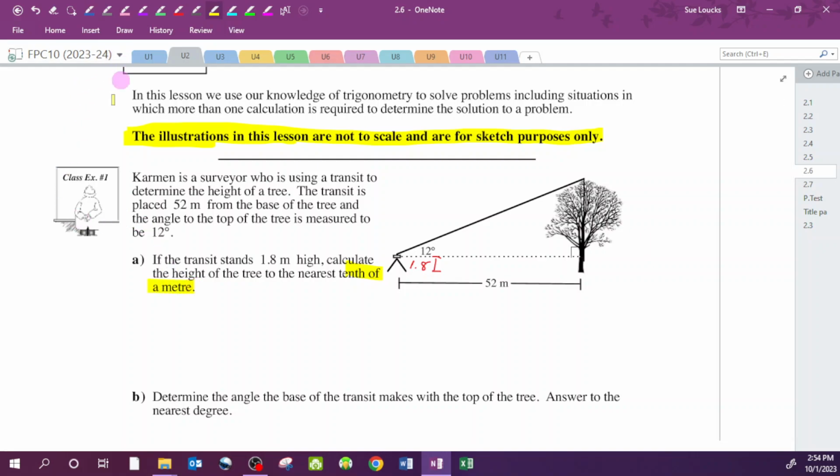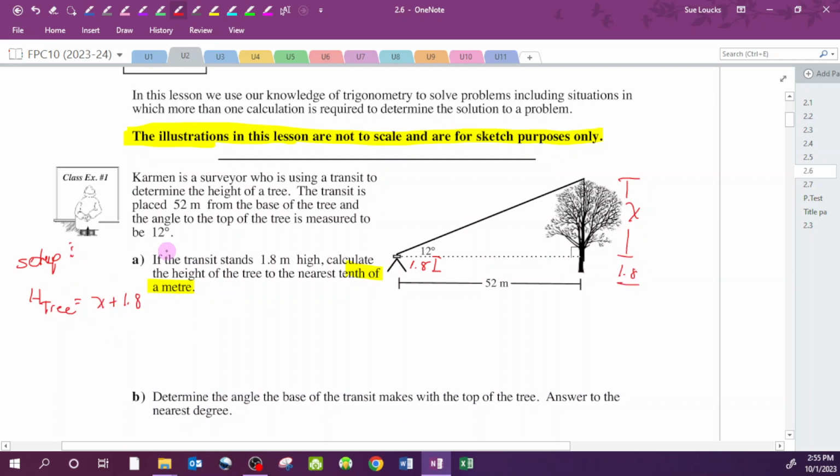So let's do some setup here. Setup: the height of the tree is going to be, I should label this side of my triangle, let's make that x. And it is going to be x plus 1.8, because our calculation using trigonometry is just going to find this distance, and we need to add the 1.8 onto it.